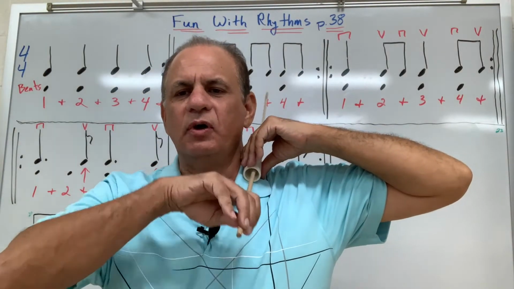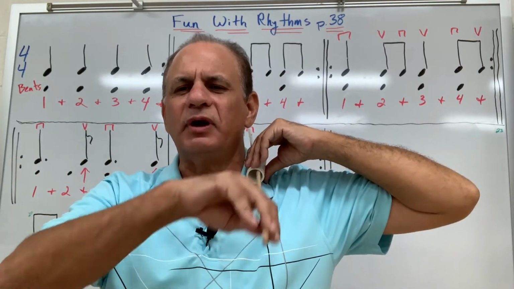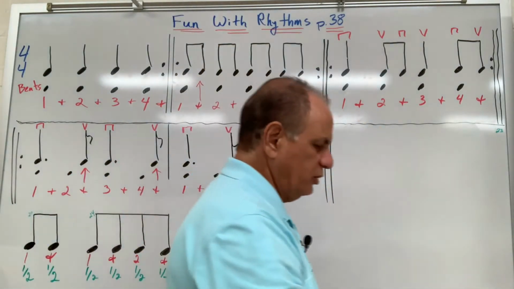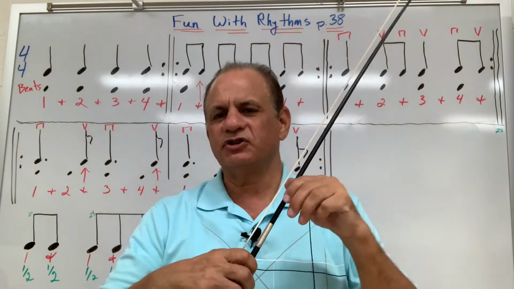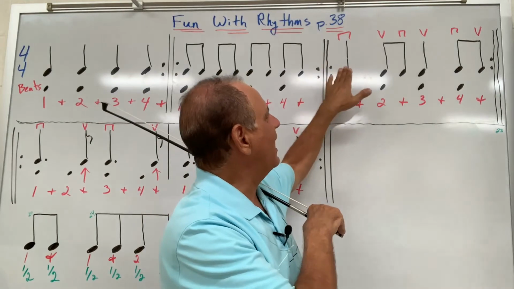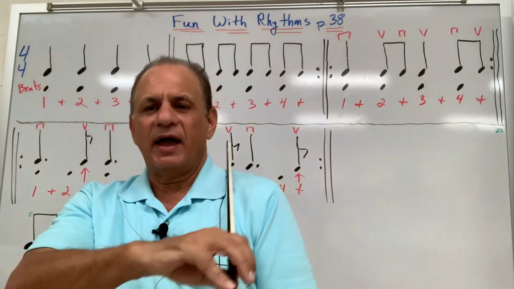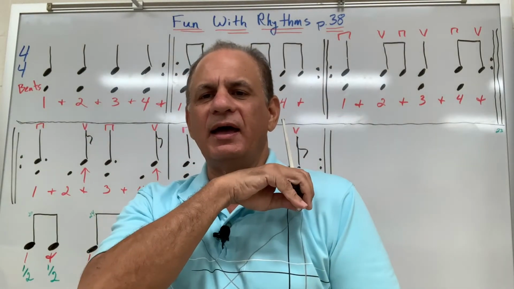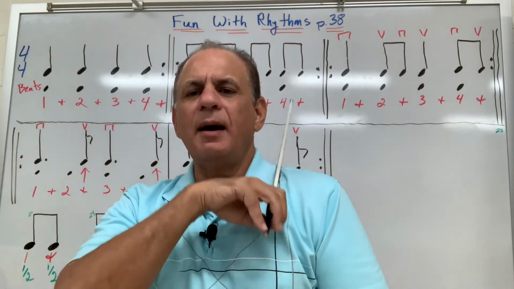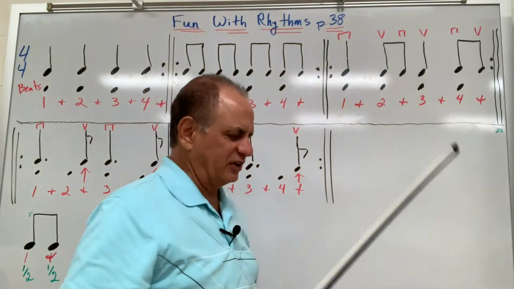Or you could, of course, do it with the side of your bow stick. And there's a silly rhythm word that you could use: grasshopper, grasshopper, grasshopper. But we don't need to say that silly rhythm word. We could count it like professional musicians.